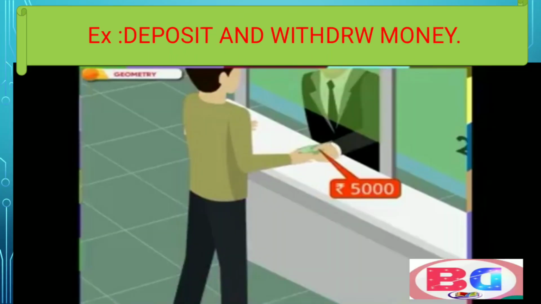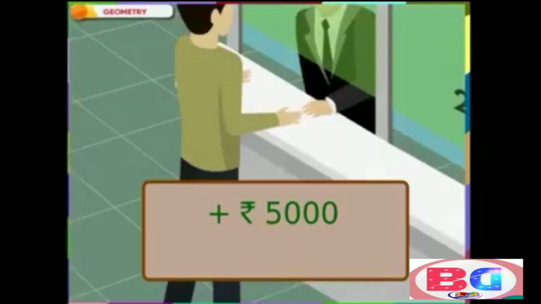Now, let us take another day to day life example. Suppose you went to the bank to deposit 5000 money to your account, then this is the indication of positive integers, and we can indicate here positive 5000, because 5000 is increased in your account.